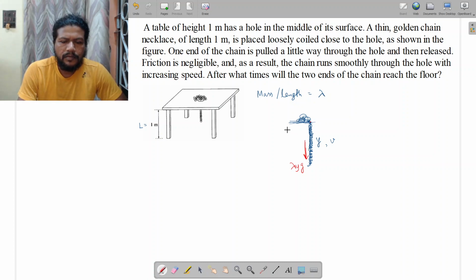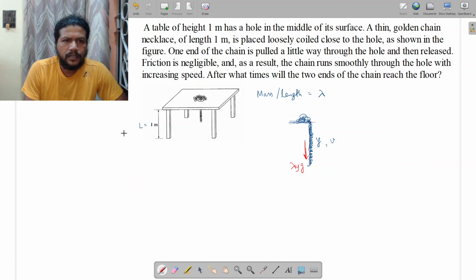Assume that this time is not long enough for the velocity to change significantly, so we can still take it as v. The length which has been added up is v dt, so the mass which has been added up is lambda into v dt.